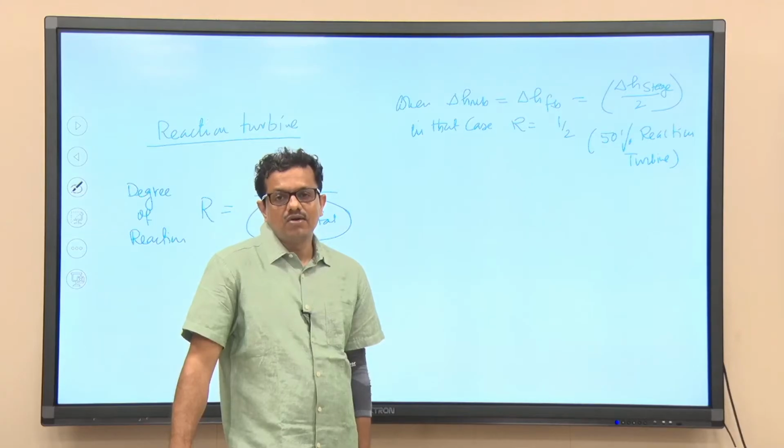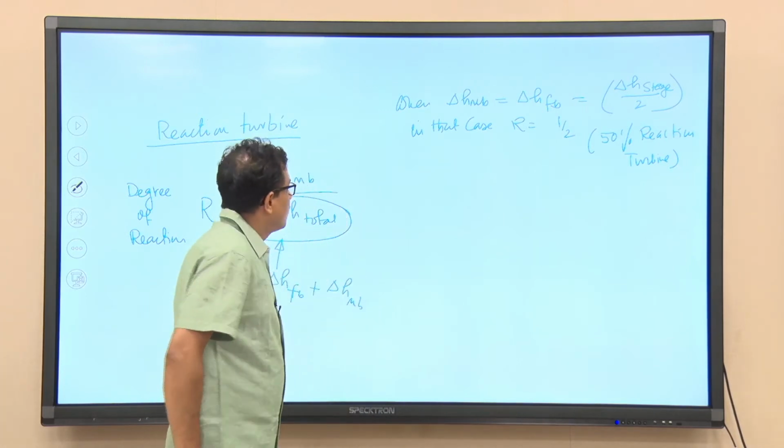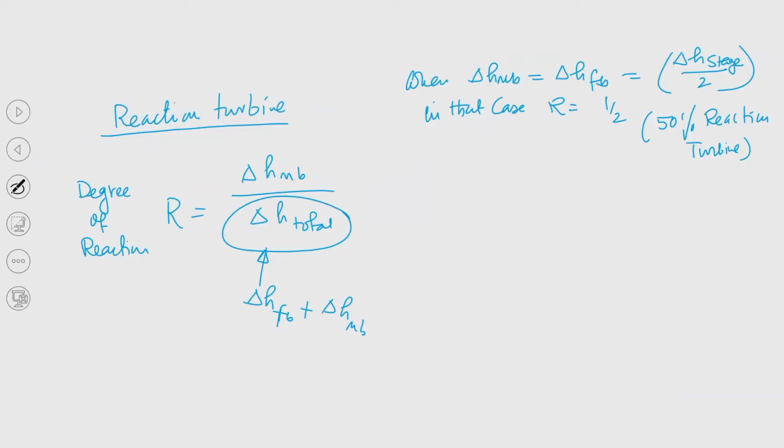the velocity triangle at the outlet for the 50% reaction turbine. Now, before we draw that, let us briefly draw the blading.